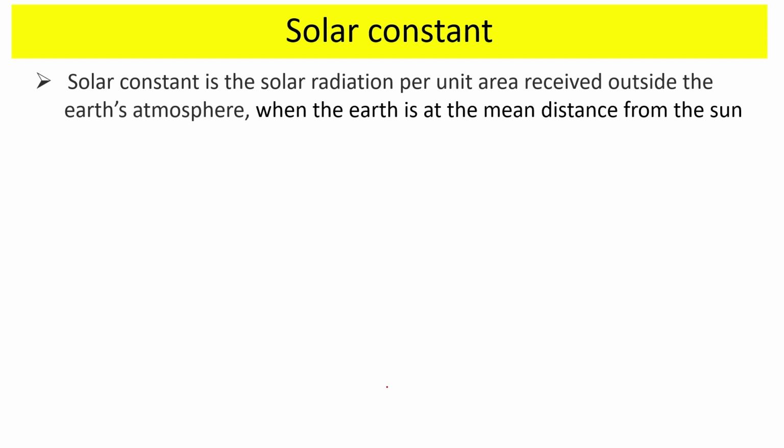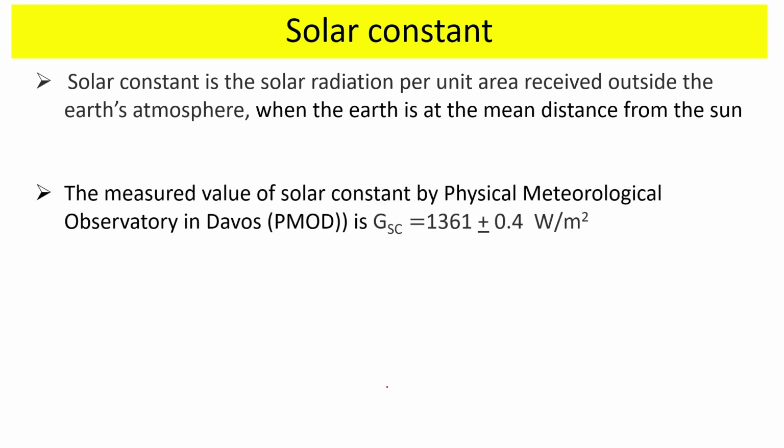On the land, this radiation gets affected by the earth's atmosphere, which we'll see ahead in our discussion, right? So just to sum up, the measured value of the solar constant by Physical Meteorological Observatory Davos is 1361 plus minus 0.4 watts per meter square, right?